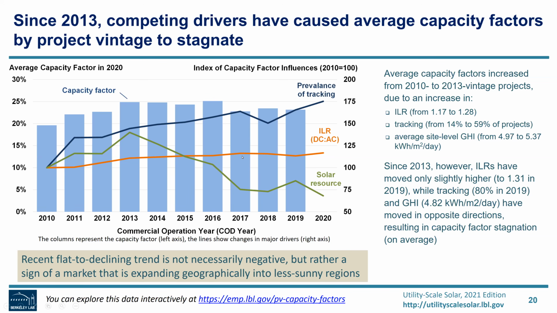Meanwhile, the DC to AC ratio has more or less trended sideways right around 1.3 over this period. And even though this trend towards lower irradiance sites has a negative impact on capacity factor, it is nevertheless certainly a positive trend for the industry in the sense that it indicates that solar can compete even in less sunny parts of the country.